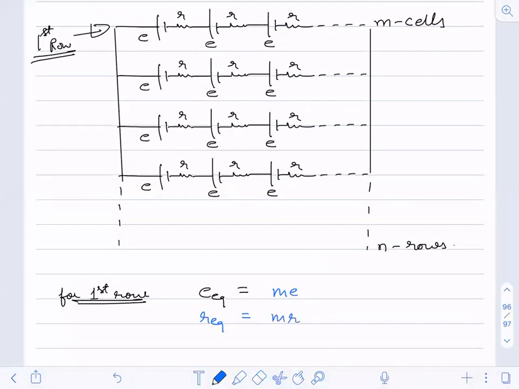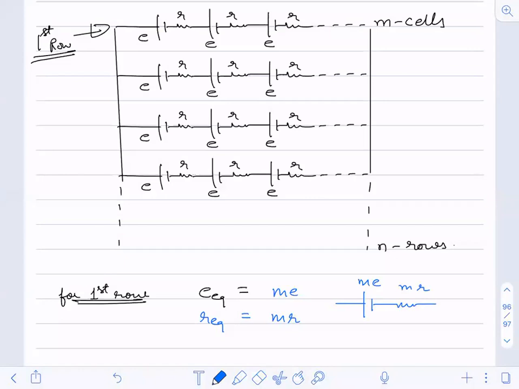So this you have calculated for the first row only. For the first row, if I simplify, you are having a battery whose EMF is ME and its internal resistance is MR.